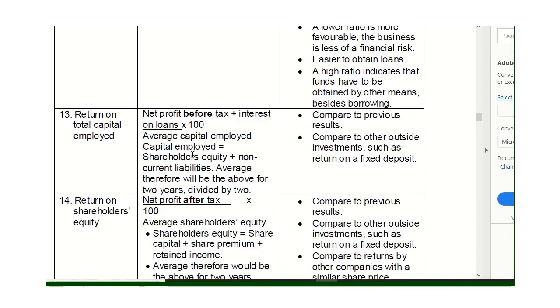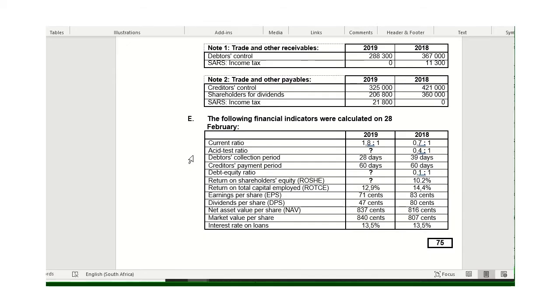So we're going to look at the ROTCE and see what happened to the ROTCE between the 2 years. Okay, this you want to be as high as possible, because remember, it's your percentage on return on your investment. So you want as much as possible. So if it decreases, it's not good.